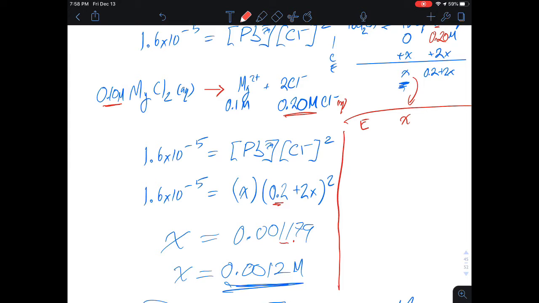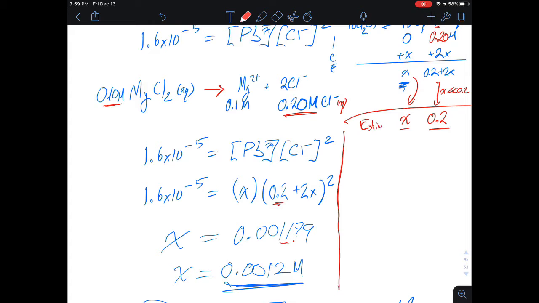We could put x, and then we could just say that this is 0.2 because x is much, much less than 0.2. Let's just say that x is almost 0. So we'll just treat it as 0.2.